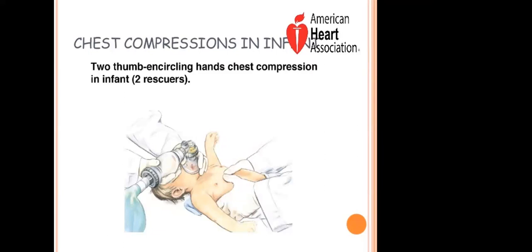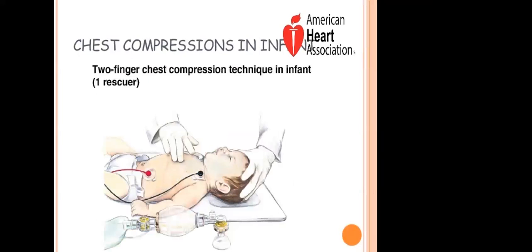Okay, and chest compression, after you have tried and decided to do chest compression, there are two ways you could do it. You can do the 2-finger chest compression technique in infants if you're a single rescuer. You put it at the center of the sternum and compress about 1/3 the anterior posterior diameter of the chest.